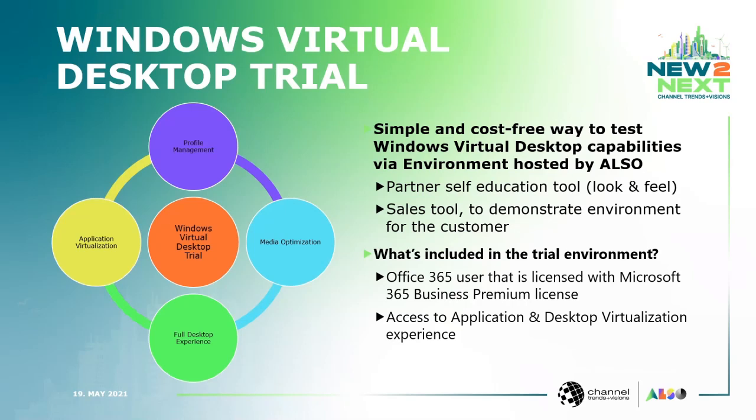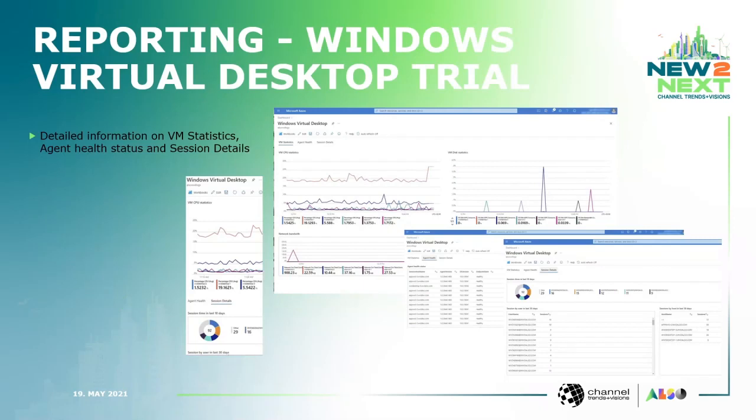So what is included in the trial environment? There's an Office 365 user, and that is licensed with Microsoft 365 Business Premium. Also, you have access to the application and desktop virtualization experience. That's the VM itself that you can access. So this is the Windows Virtual Desktop itself. Also, we have a really nice reporting feature.